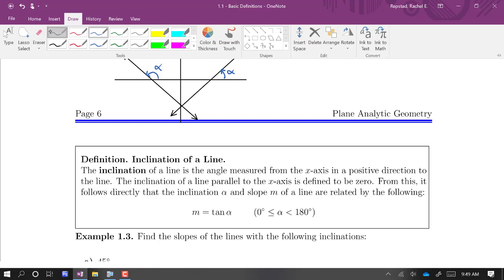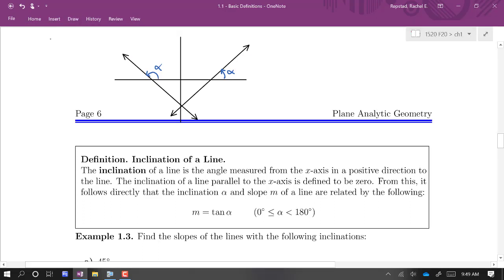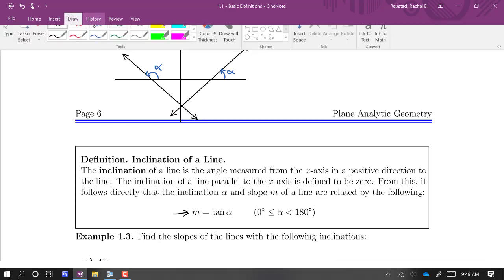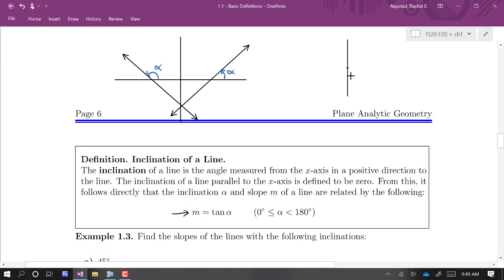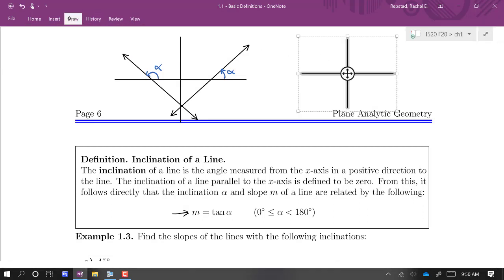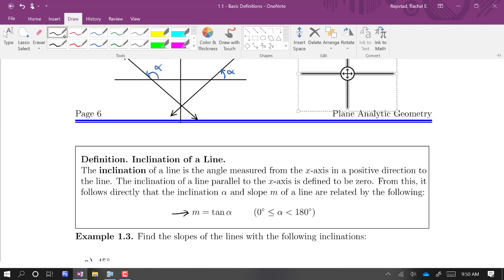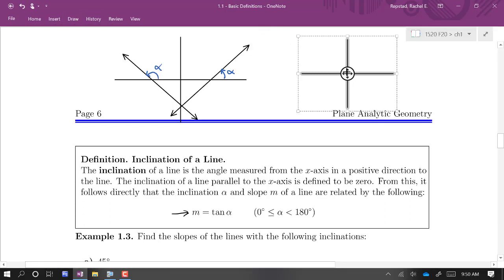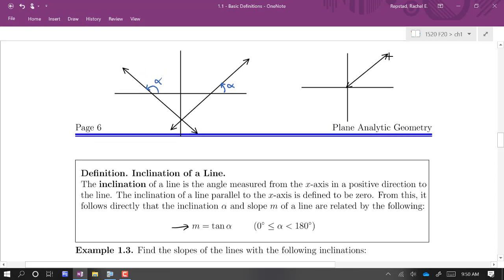So now we have these two different ways to measure how a line rises or falls, the slope and the inclination, and they are related by this equation here: m is equal to tan alpha. And I think it's fairly simple to see why that should be the case. I'm going to draw a quick little illustration of that, and just for simplicity, I'm going to consider a line that goes through the origin, but this could be true for any line.